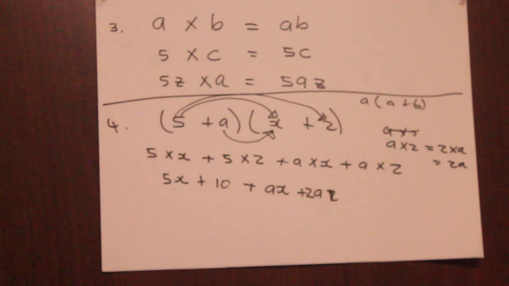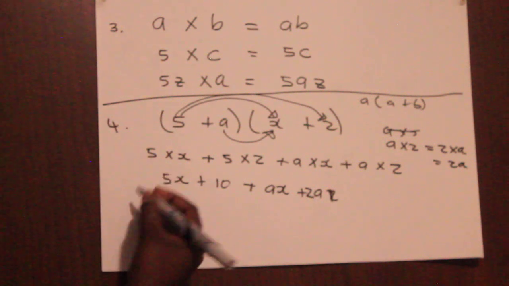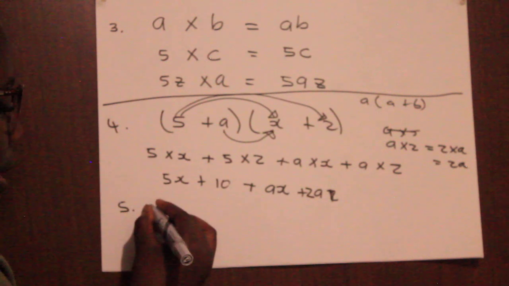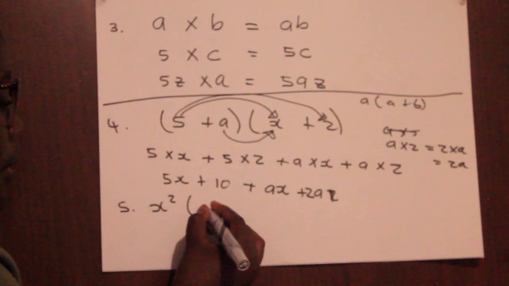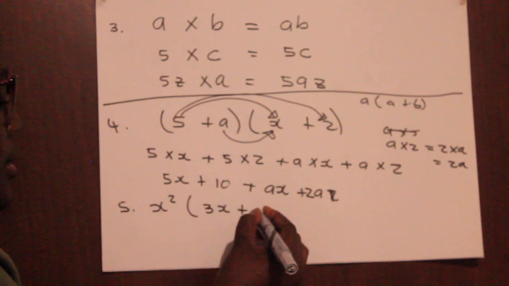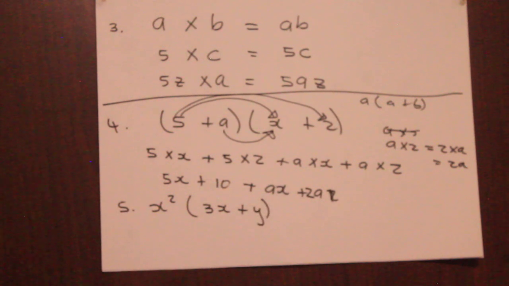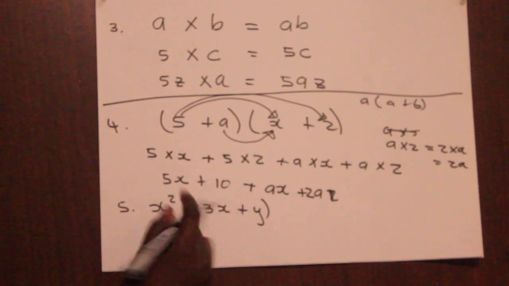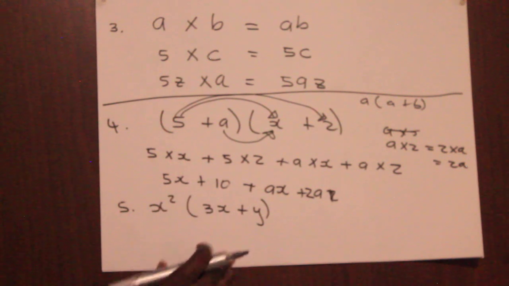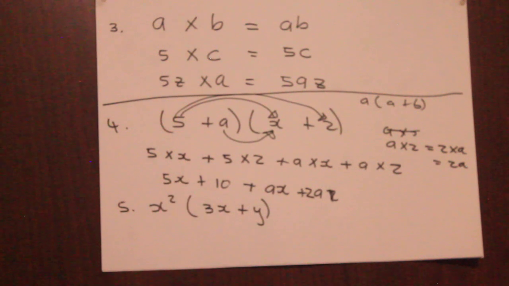And then say you have the last example here, x squared times 3x plus y, which is more or less the same as the second example. Let me give you a few minutes.